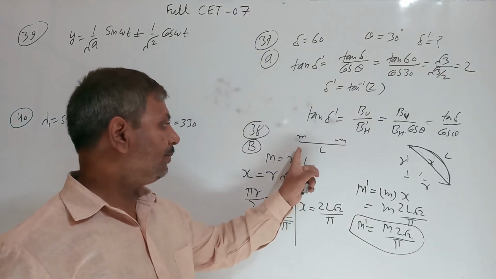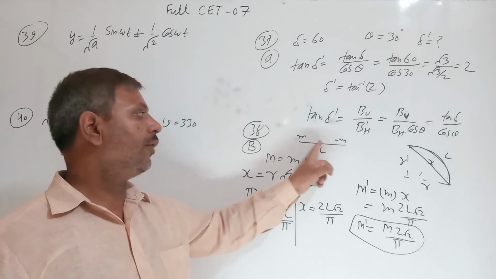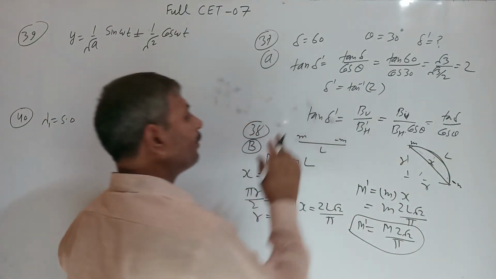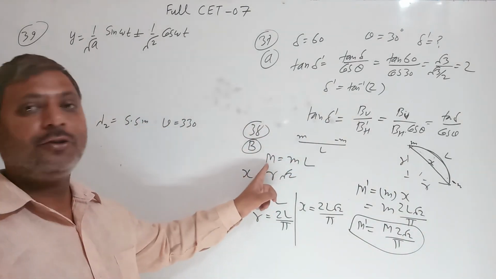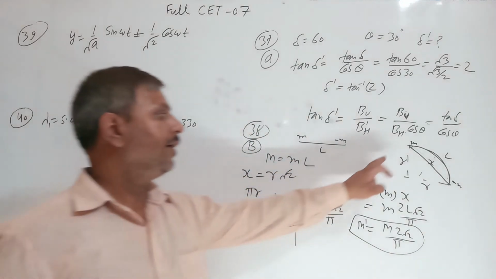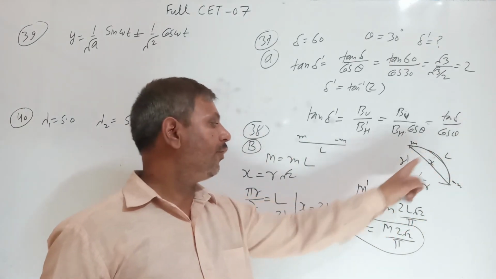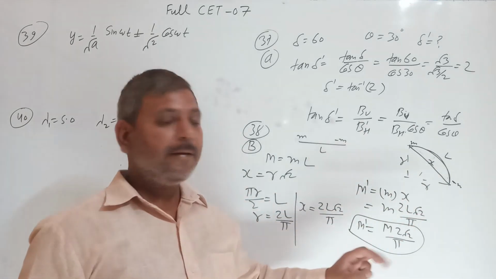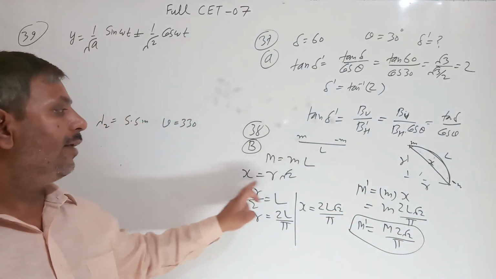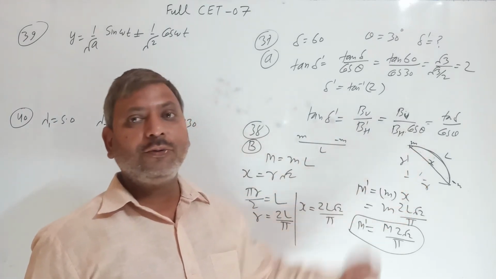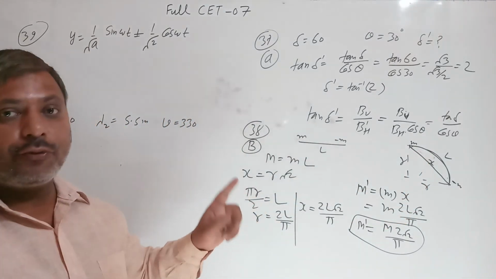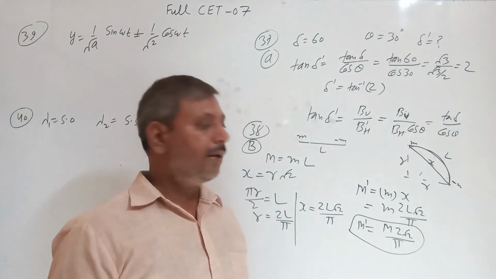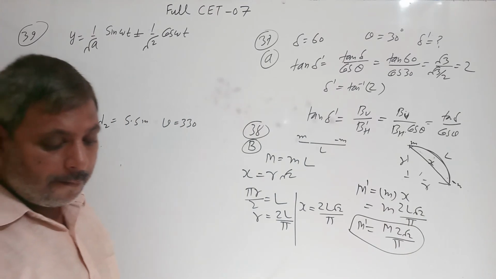See here, in the rod form I took pole strength m and magnetic moment m into L. Converted into quadrant form, it is m into the distance between the ends, x, which we convert in terms of L. X is equal to R root 2, and pi R by 2, the quadrant, is equal to L, so R is equal to 2L upon pi. Put here, so M 2 root 2 upon pi.